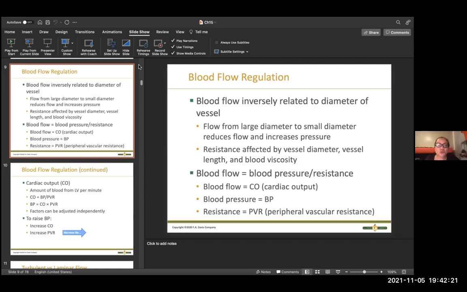I want you to look at the definition of viscosity because I don't want to define it for you. When the blood becomes viscous, what does it look like? What does a viscous blood look like? Blood viscosity.